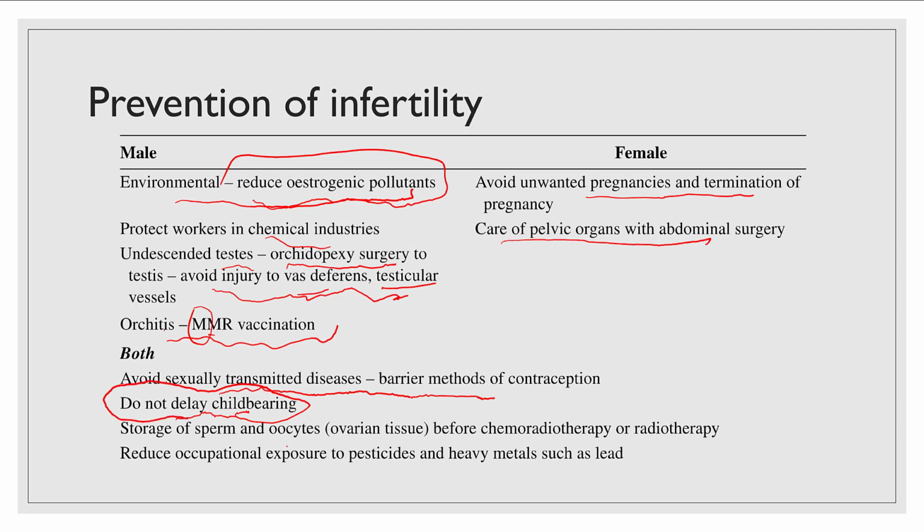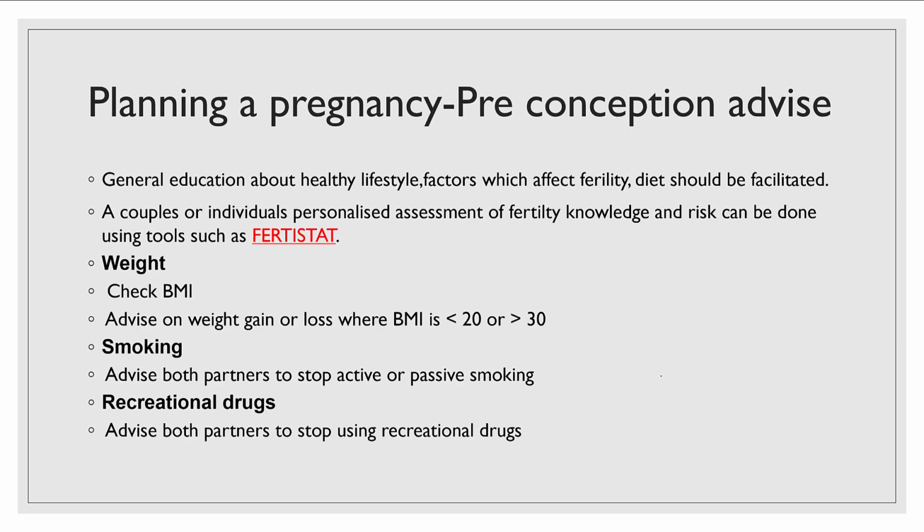If you are going for surgery, radiotherapy or chemotherapy for any malignancy, store sperms in males and cryopreserve the oocytes in the female. Occupational exposure to pesticides, heavy metals, lead and other radiation exposure, heat exposure, you need to avoid. So depending on each person's background, you need to advise. So these are the things which we can probably do to help.